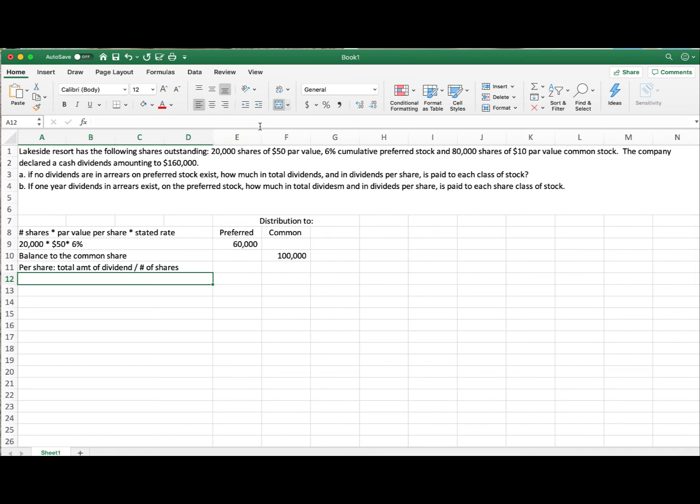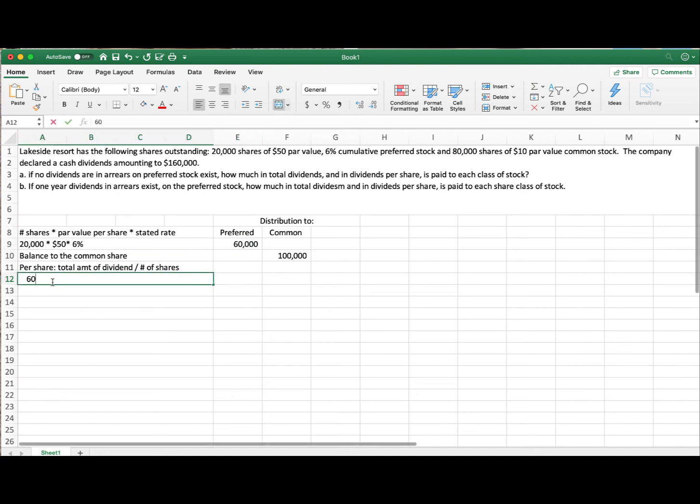Let's look at preferred first. How much is the dividend for the preferred shareholders? I already figured that out. I don't need to calculate anything. It's on the screen.